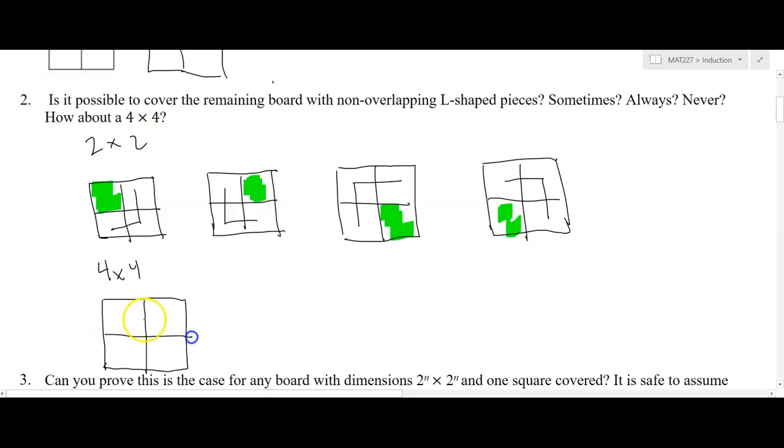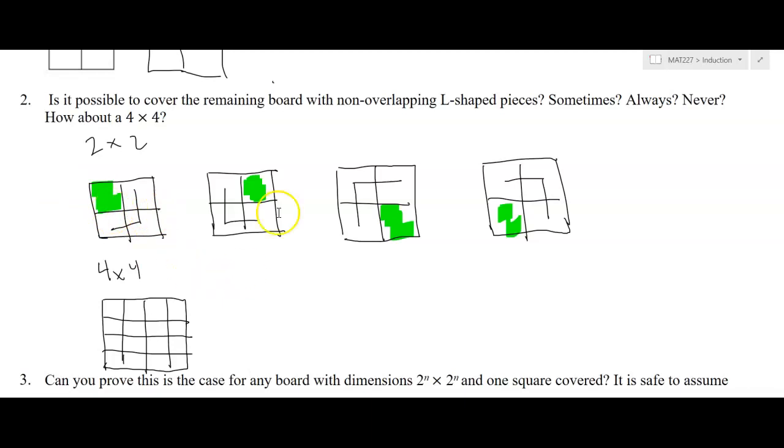But you can see that it is going to be considerably more costly to deal with this size checkerboard, because now we have 16 squares. So I really encourage you to pause the video and think about this and see if somehow we could relate this back to the 2x2 case to see whether it's possible for a 4x4.